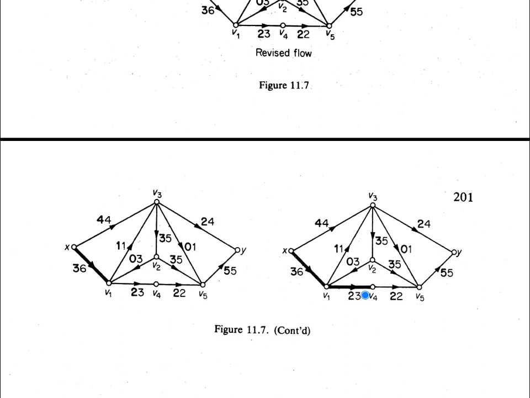So our tree cannot grow anymore. What does that mean? It means that you don't have any possibility of making the flow grow, so the last flow we have is actually the maximum possible flow through the network.